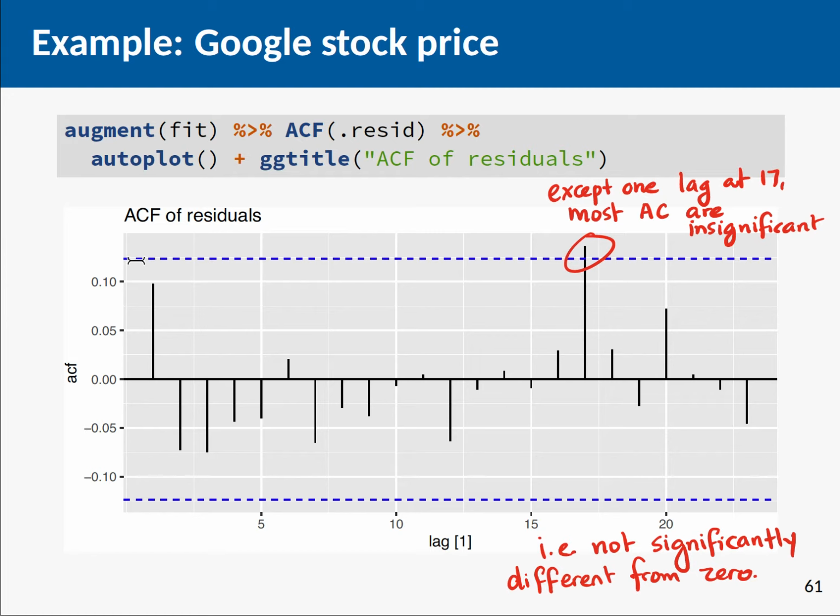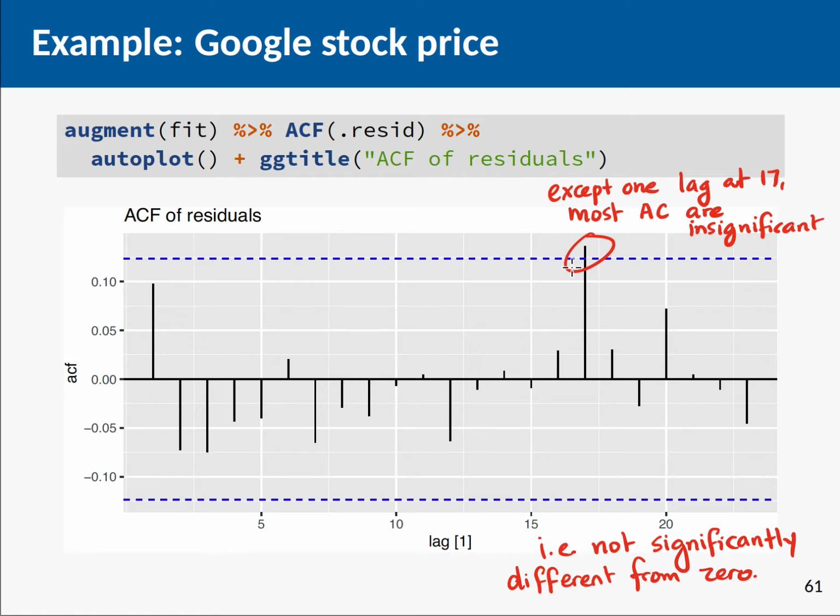So most of the time we want the residuals to display autocorrelations that are not significantly different than 0. So that means that all of these bars should always stay inside the Bartlett bands that you see here. So we're basically using the ACF function to plot the autocorrelations of our residuals.